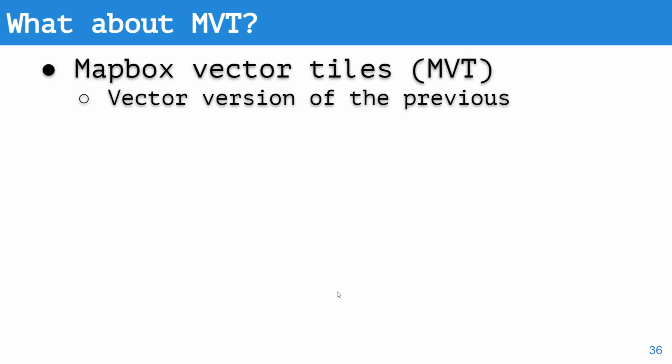It is a vector version of the previous image tiling scheme. So, same size, same origin, same quad tree concept, same zoom levels, same kind of structure that way. We'll call it Z levels, X levels, Y files kind of concept. So everything that we were doing in the pixel land, PNGs, images, and that, but just doing it with vectors.